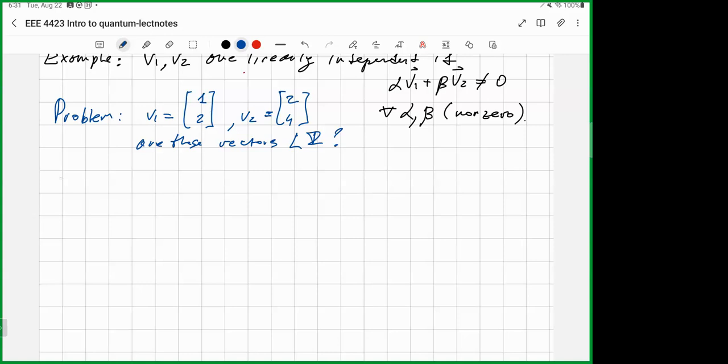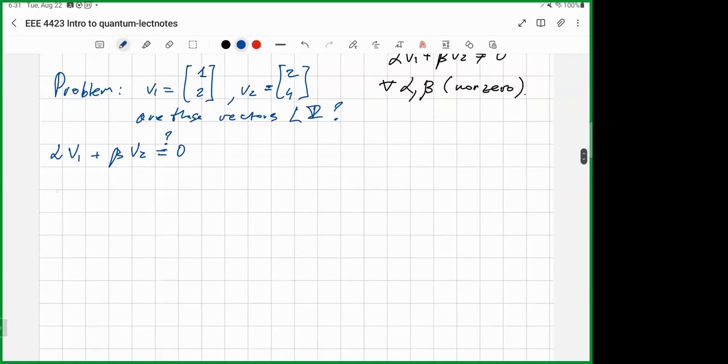To check that, we write alpha v1 plus beta v2 equal or not to 0, right? We have to check that. So for alpha, we write just alpha. Then for v1, we have 1, 2. Then beta, any arbitrary beta, and v2 is 2, 4.